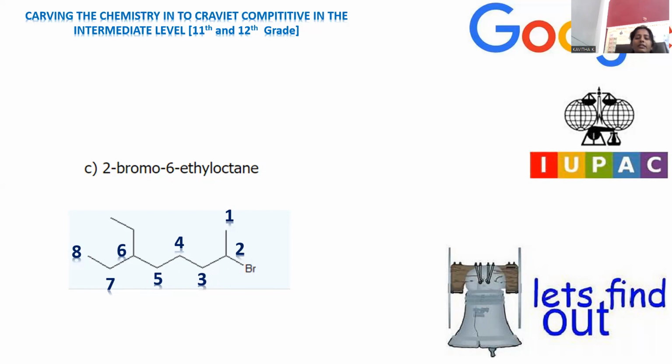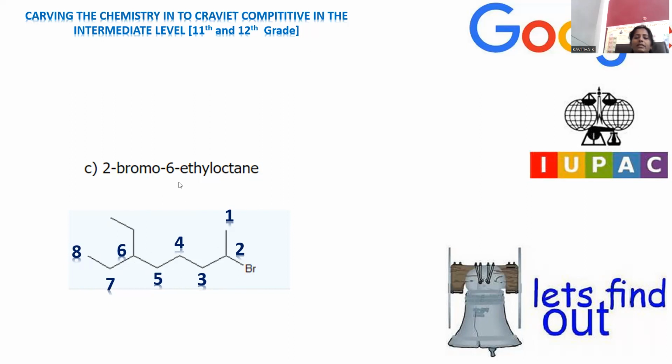After assigning numbering to each and every carbon atom, now we have to go for alphabetical order of arranging the name. Being ethyl and bromo, B comes first over ethyl, so 2-bromo will be the first one. Later on, go for 6-ethyl.